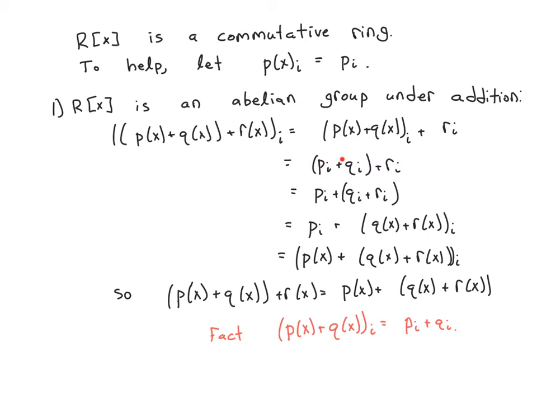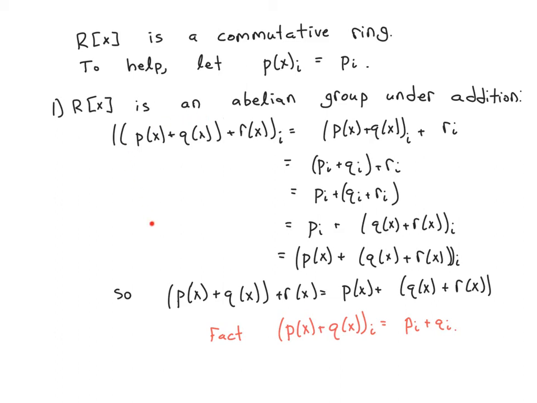These are all entries in a ring. Addition in the ring is associative, so I can move the parentheses over. Now I can unwind and realize that this latter sum inside this set of parentheses is the ith coefficient of q of x plus r of x. Finally, the sum of ith coefficients is the ith coefficient of this triple sum. So we see that these two polynomials have the same ith coefficient. i was arbitrary, so they're actually the same polynomial.